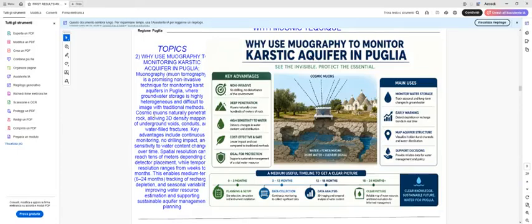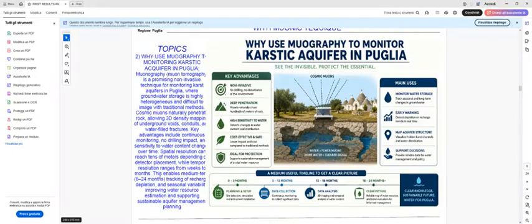heterogeneous and difficult to image with traditional methods. Cosmic muons, naturally penetrating rocks, allow a 3D density map for underground voids. Key advantages include continuous monitoring and no drilling impact. The spatial resolution depends on the number of detectors, while the temporal resolution can change.